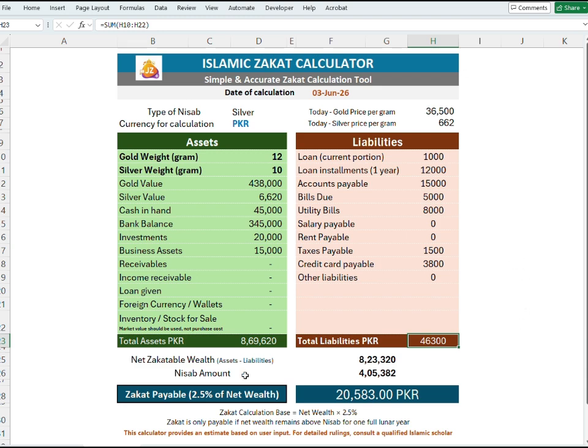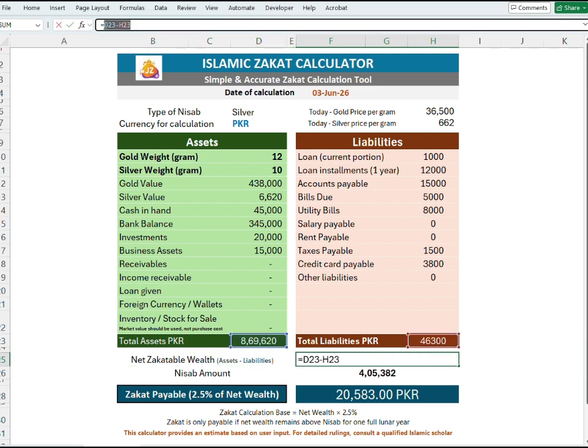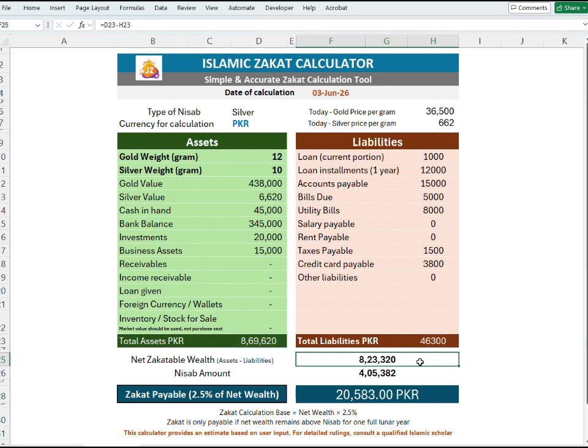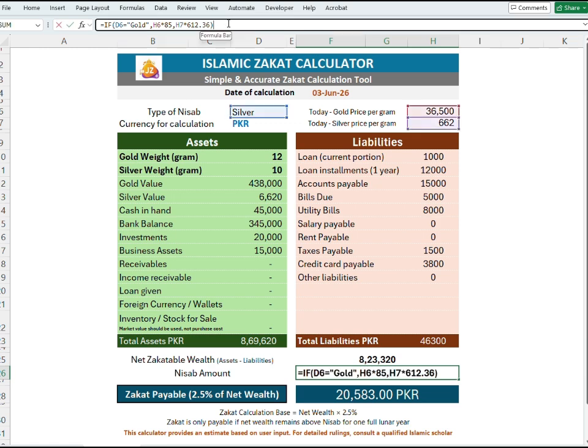Now we calculate net zakatable wealth. This is done by subtracting liabilities from total assets. So, 869,620 minus 46,300 gives 823,320. This is your actual zakatable wealth. Now let's understand how Nisab, which is 405,382, is calculated.